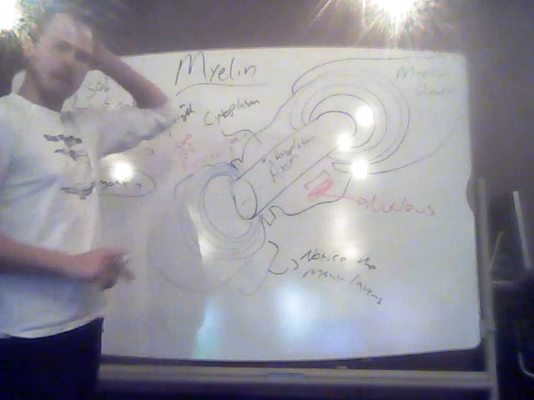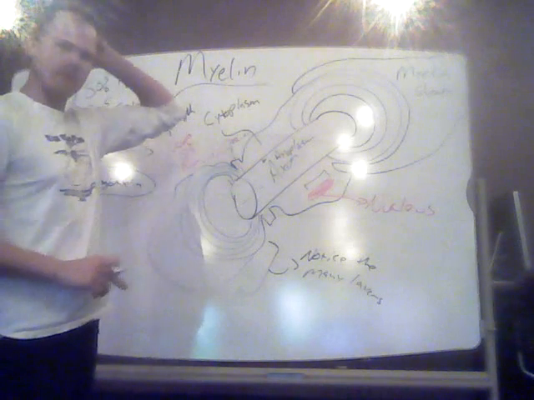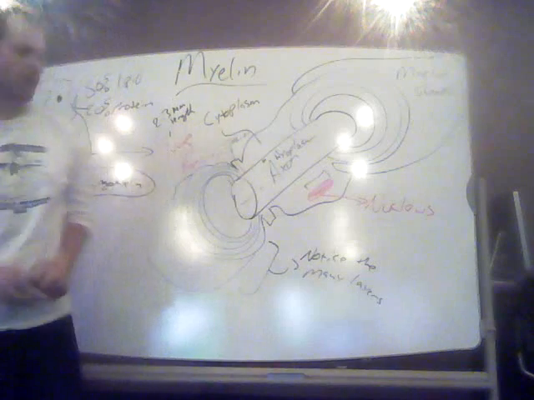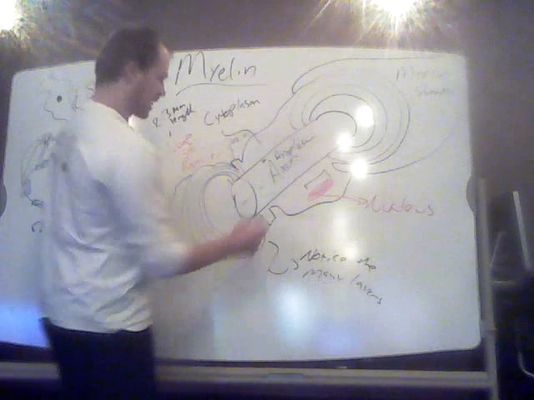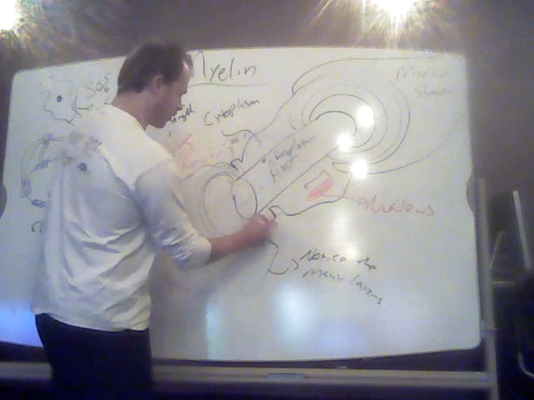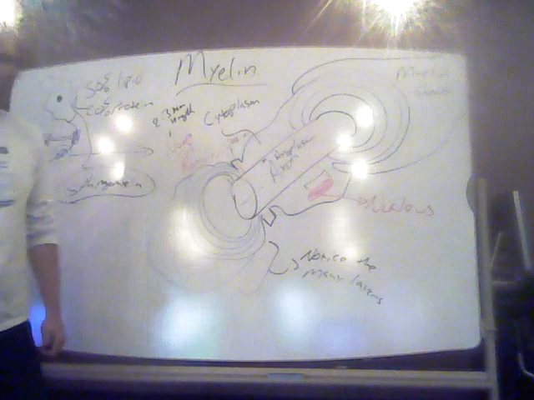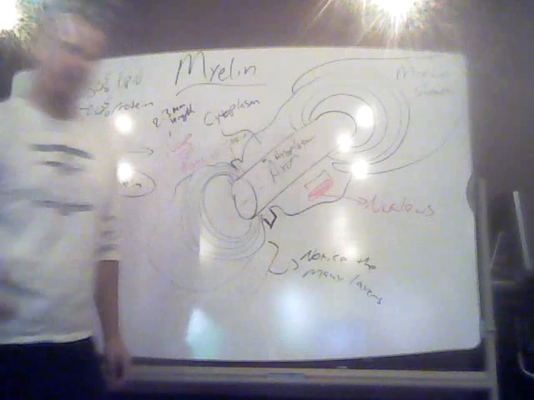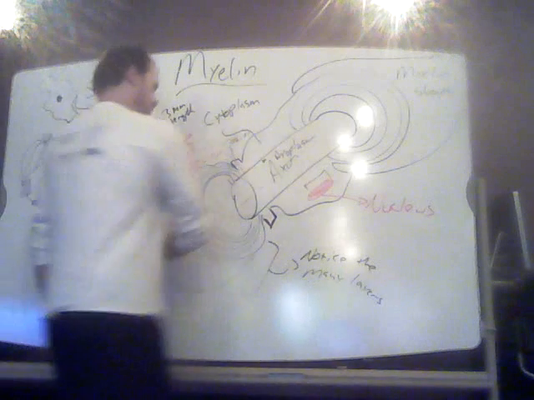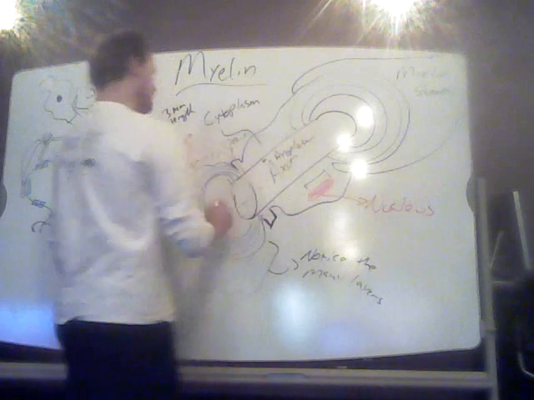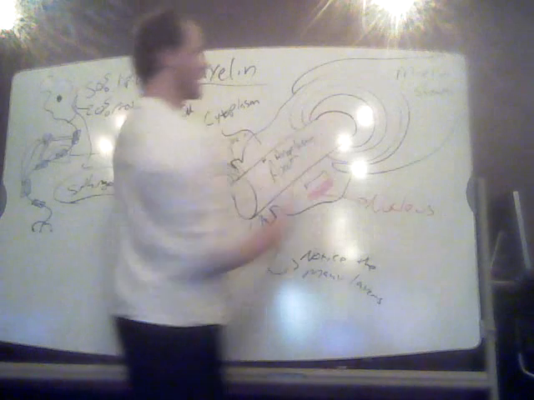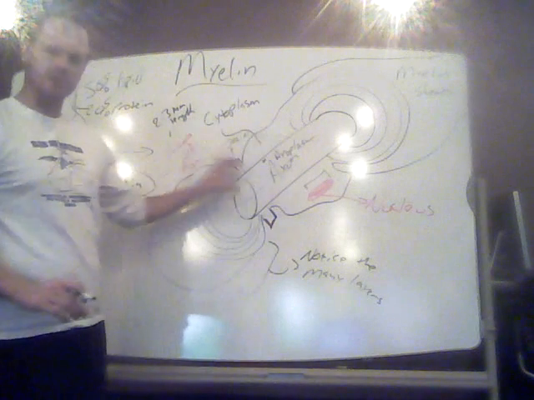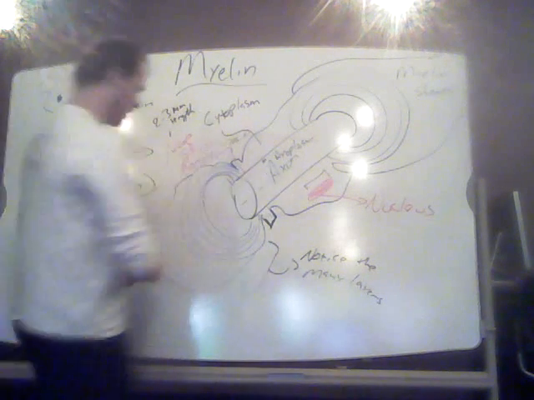So with an unmyelinated axon, you have to depolarize every last little bit of surface area of that axon, whereas with a myelinated axon, you only really have to depolarize the nodes of Ranvier. The axon hillock, remember, is where the action potential begins. That impulse travels down the axon, and this fatty sheath will insulate the electrical message so it can travel underneath.